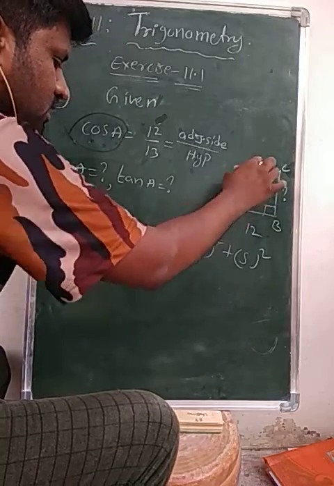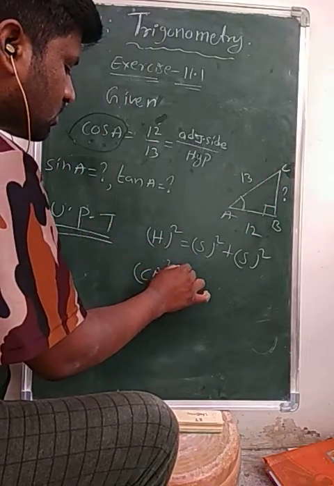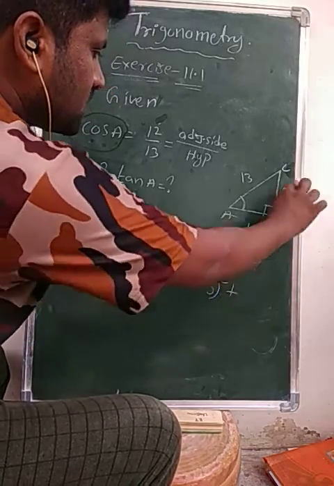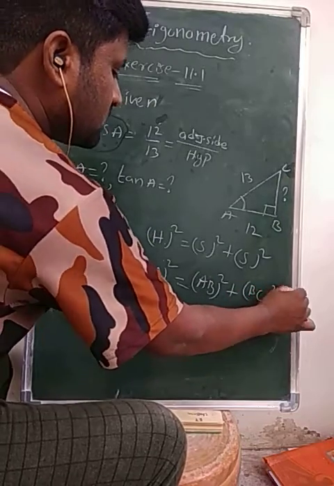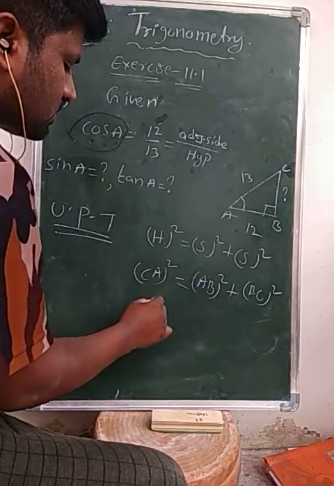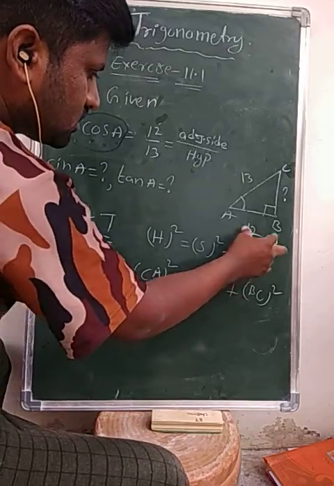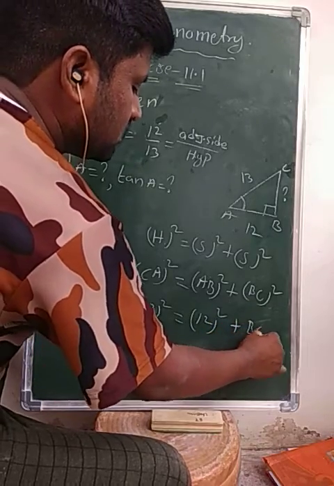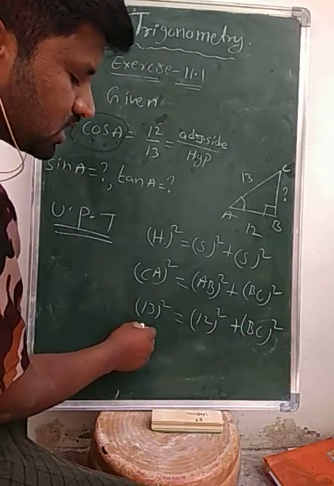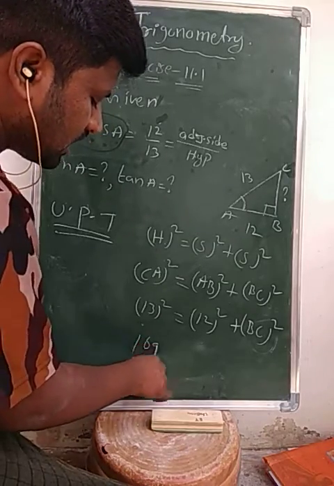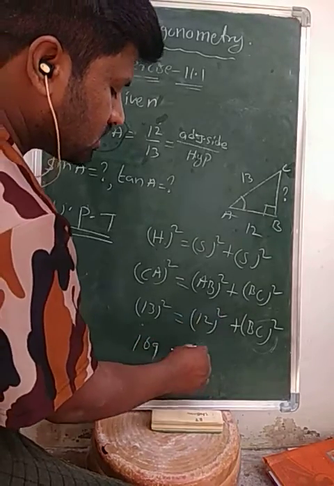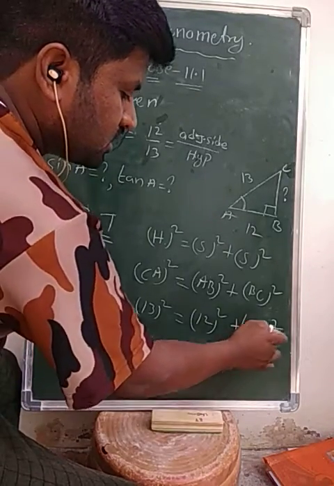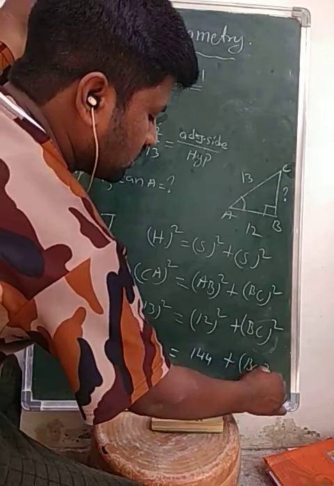The hypotenuse here is CA. So CA squared is equal to AB squared plus BC squared. CA is given as 13, so 13 squared is equal to AB, that is 12 squared, plus BC squared. 13 squared is 169, equal to 12 squared, that is 144, plus BC squared.